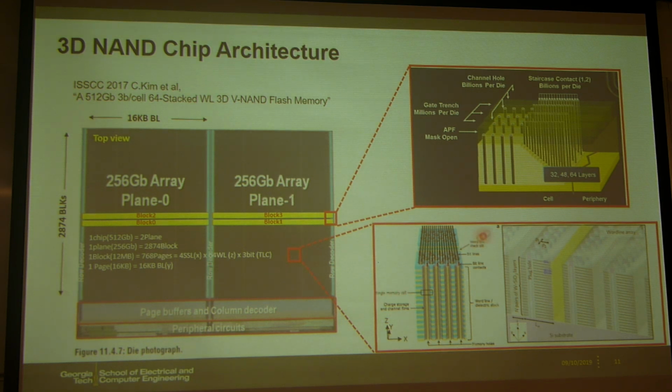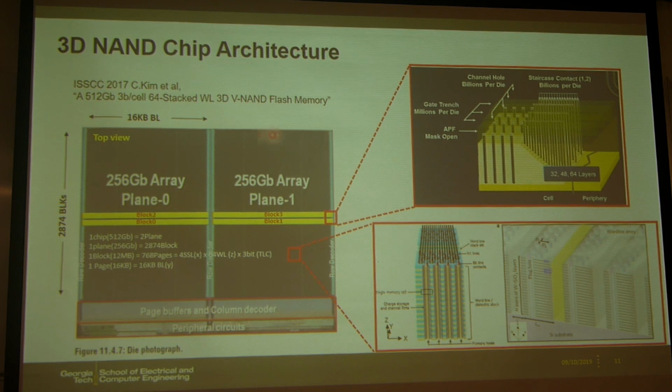So maybe you could see these kinds of figures of a 3D NAND. I will explain first about this chip architecture. This is the peripheral circuit, and this is the page buffer, the sensing circuit. And this purple color one is the memory cell array. And this side, the light blue color, is the row decoder.